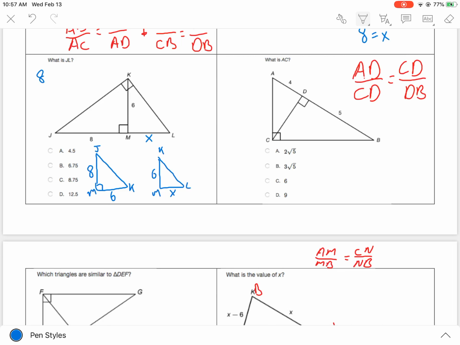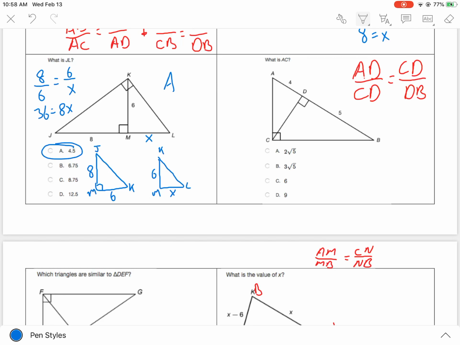So we could say that 8 over 6 is equal to 6 over x. 36 is equal to 8x. Would that be roughly 4.5? Yeah, 4.5.